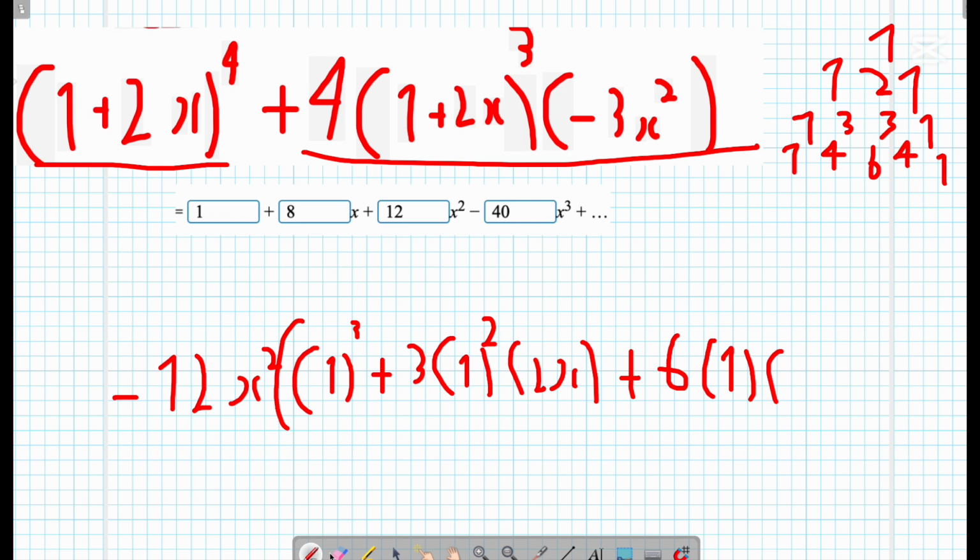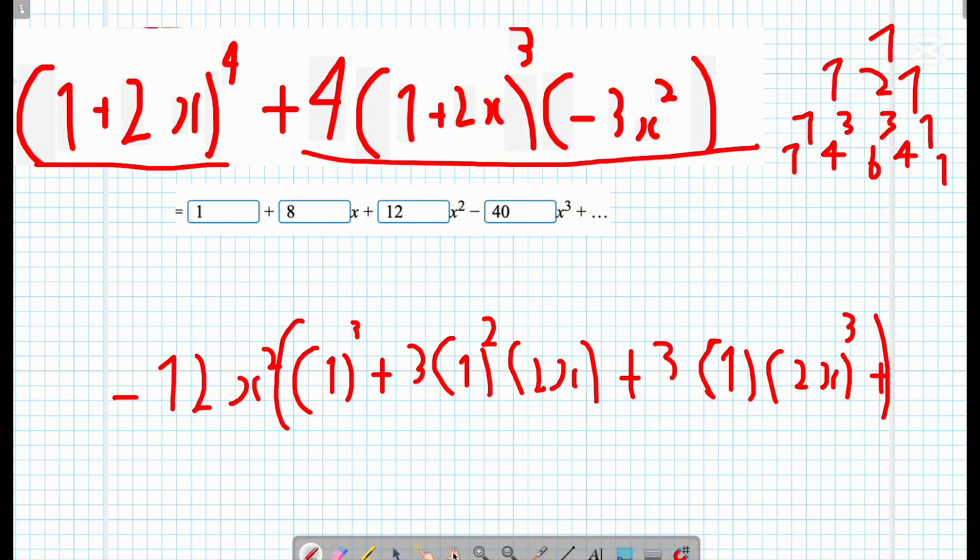So 1, 3, and then this is 3 as well. So 3 times 1 times 2x, all of that cubed, plus 2x to the 4, which we ignore.